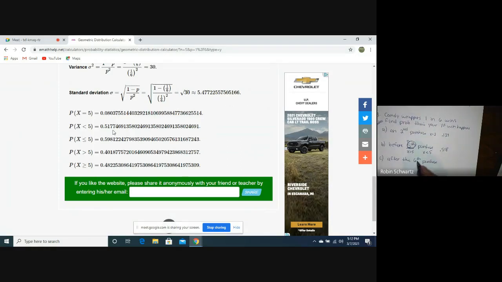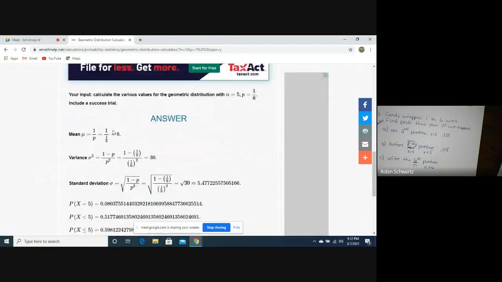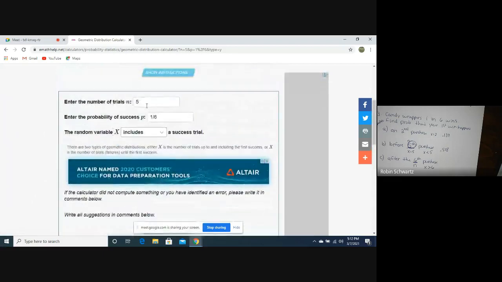And now we want after the 6th. So our N value that you're going to put in the calculator is 6. But then after the 6th means that X is going to be greater than 6. That's the probability we'll be looking for after we change our N value on this. So I'll change that to a 6.